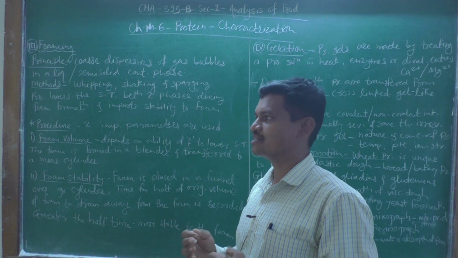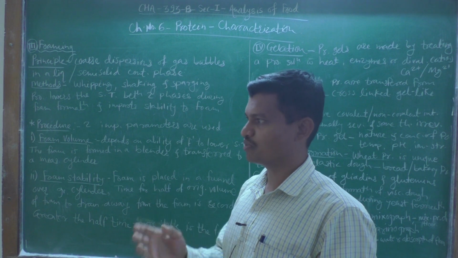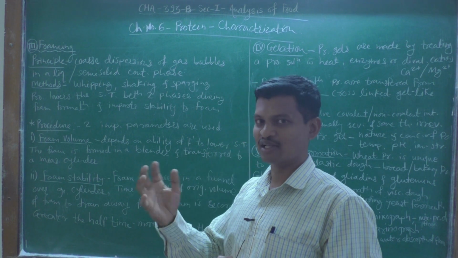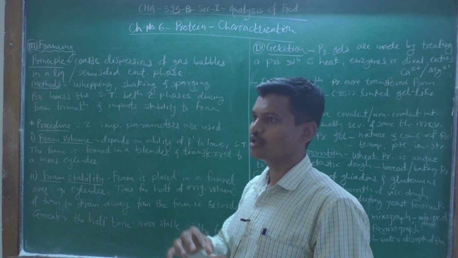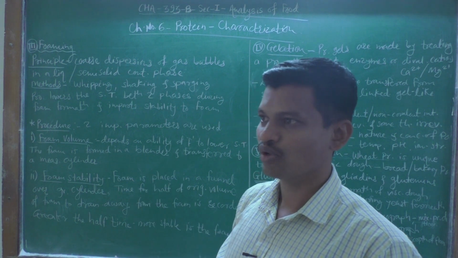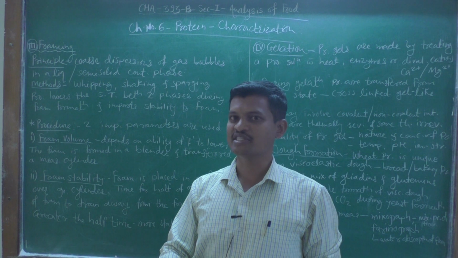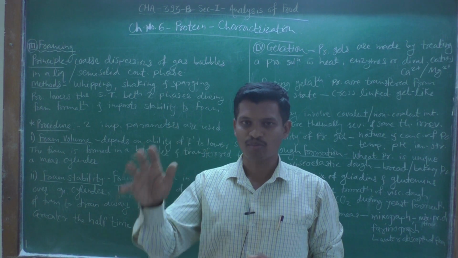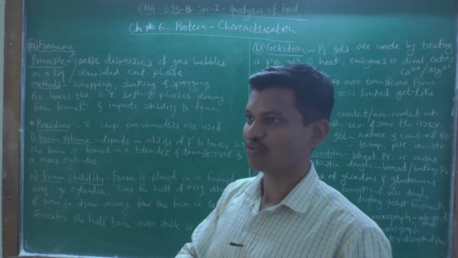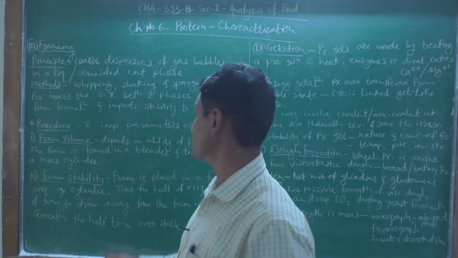lowering the surface tension at the boundary of gas bubbles. We know that as there is a boundary between gas bubbles and the liquid phase, these protein molecules are helpful for lowering the surface tension of these gas bubbles with the continuous liquid phase.